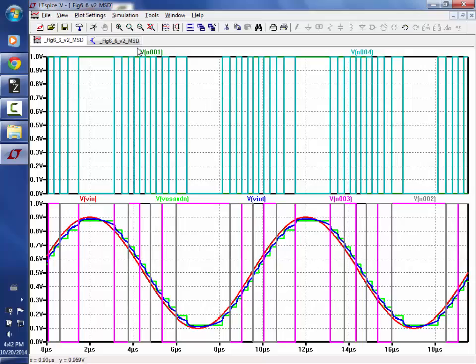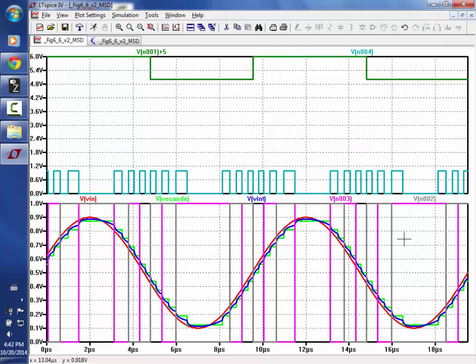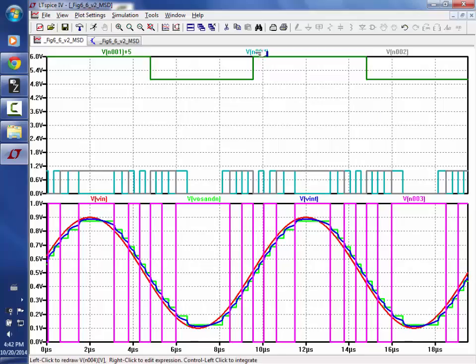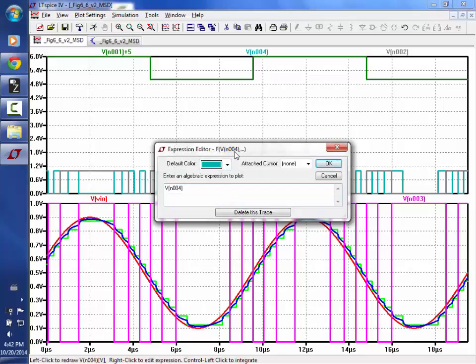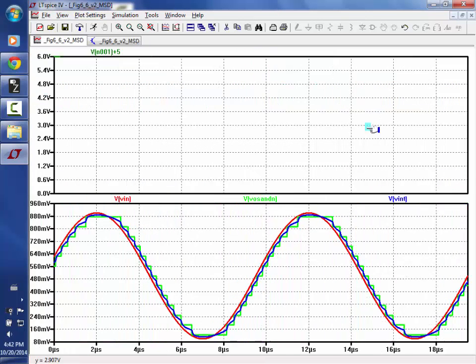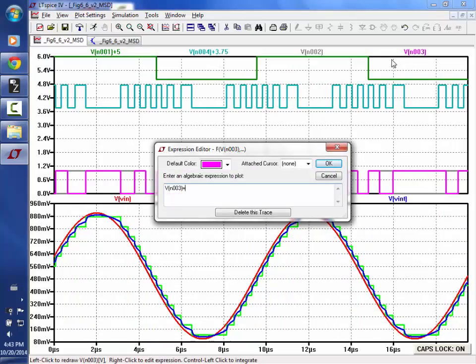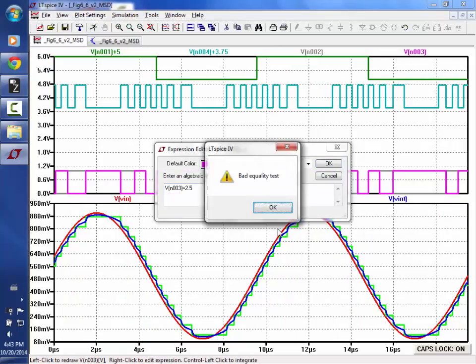Now this one's got to be plus 5, plus 3.75, plus 2.5.